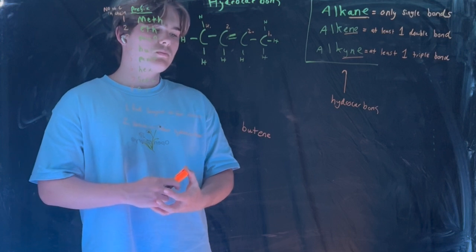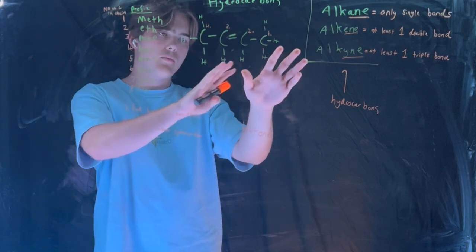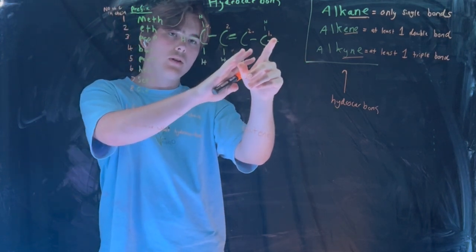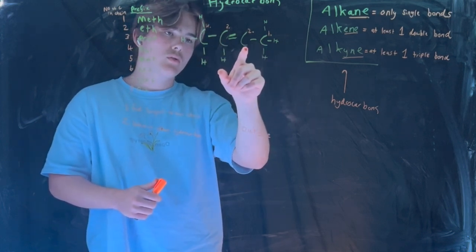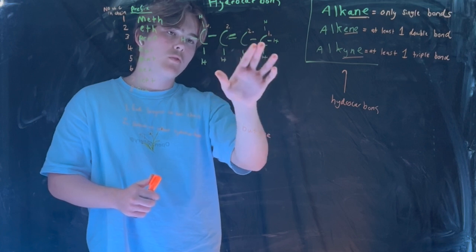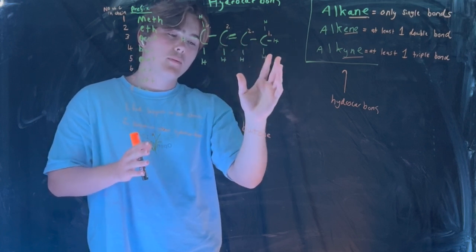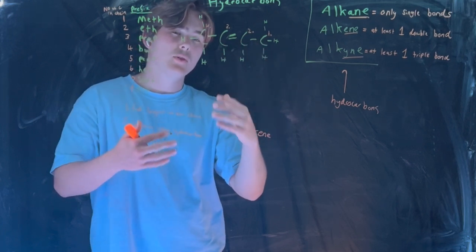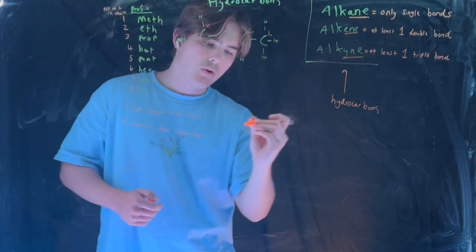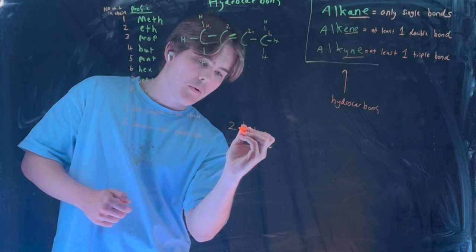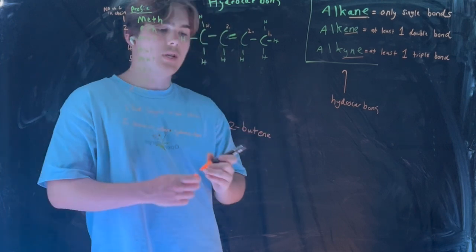So, I'm going to count from the right, from number 1 to 4 here. So we're going to go 1, 2, and the carbon before the bond is the carbon that we indicate the bond to be on. So what I mean by that is we would have 2-butene.